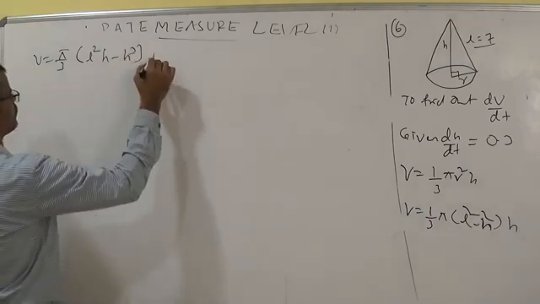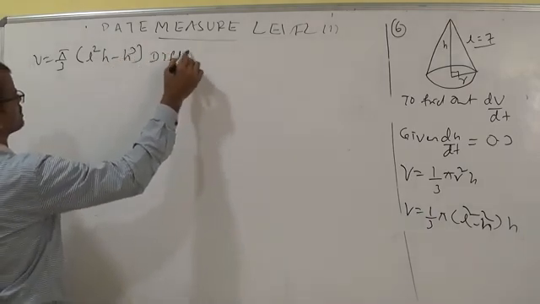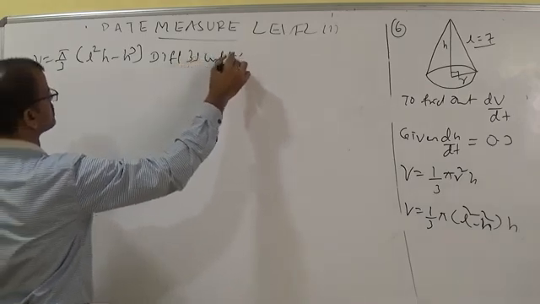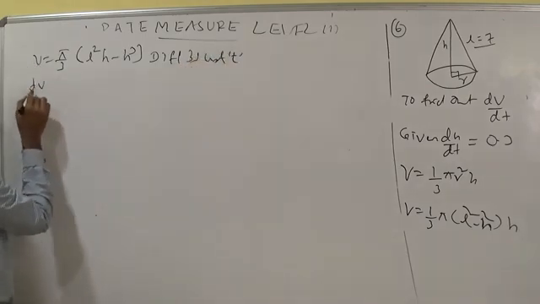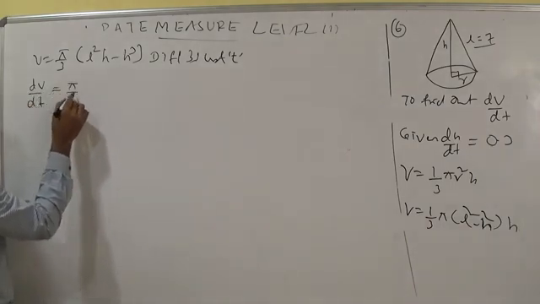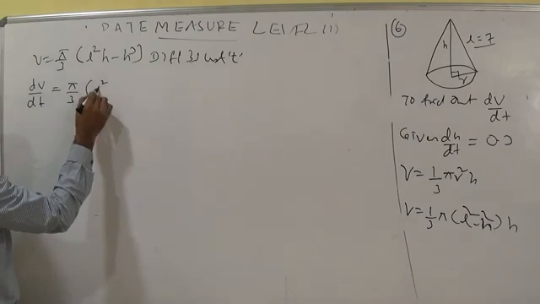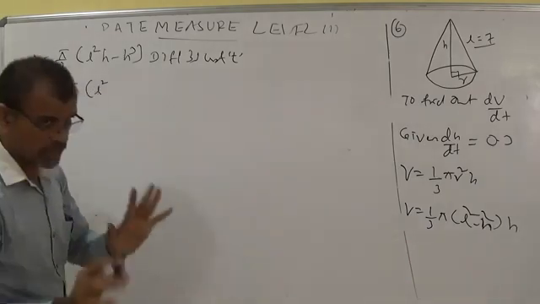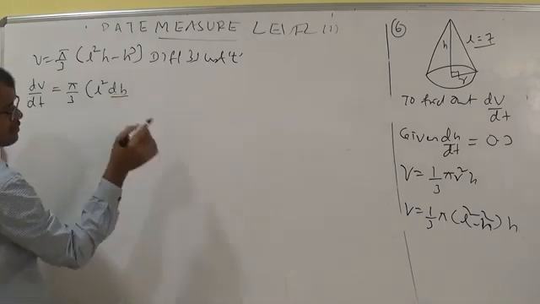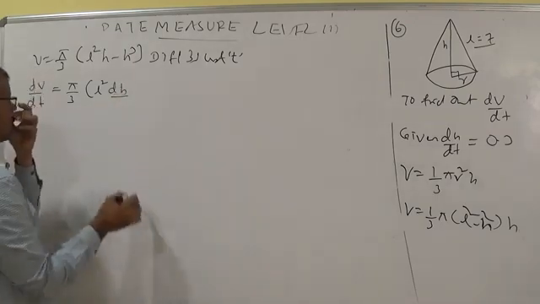Now differentiate both sides with respect to time. So here you can write dV by dt is equal to pi by 3 into L square, which is constant here, dH by dt minus 3H square into dH by dt. Already he has given L is constant, number 7 also given, you can substitute later.